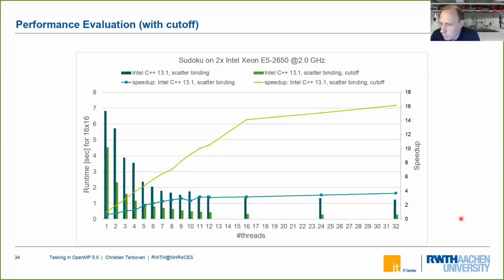I didn't go into algorithmic details here, but I call it the cutoff, as the literature calls it. It means the decision factor at which time in the program enough parallelism has been expressed is a really important tunable in task parallel recursive algorithms.